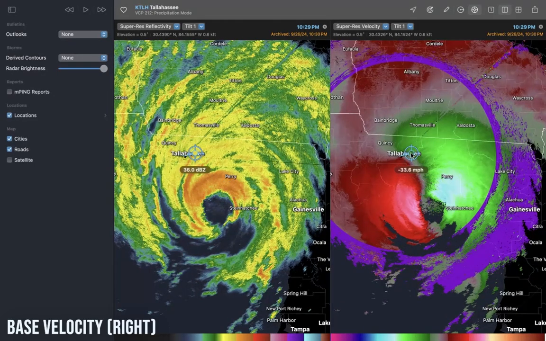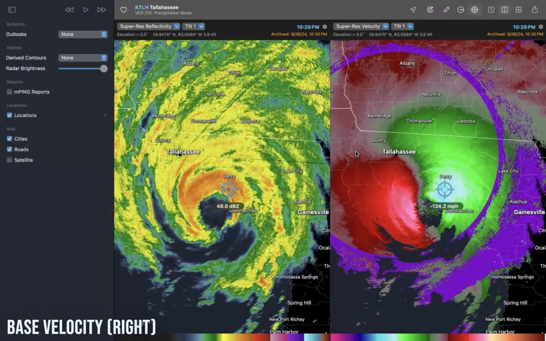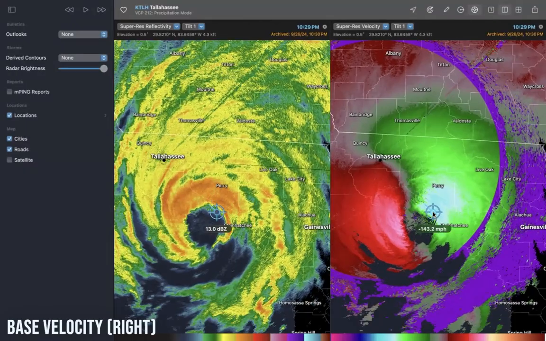The base velocity shows the wind moving towards and away from the radar. The red is moving away from the radar, and the green is moving towards the radar in Tallahassee. The winds are exceeding 140 miles per hour, which categorizes this as a Category 4 hurricane.